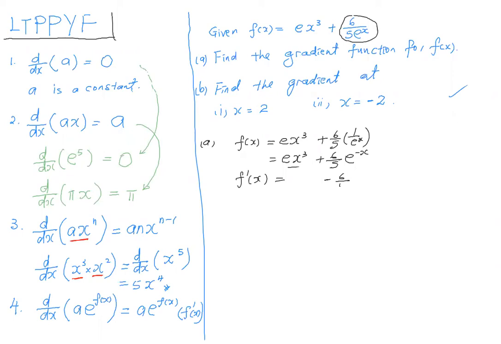That one I agree, because you differentiate this term, you copy down the whole thing, then you times by the derivative of the power, so you get that. How about the first term, Javashini? 3e². Yes, you are right.